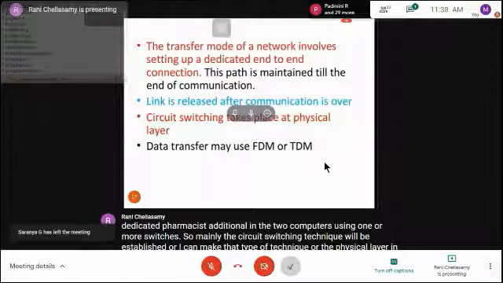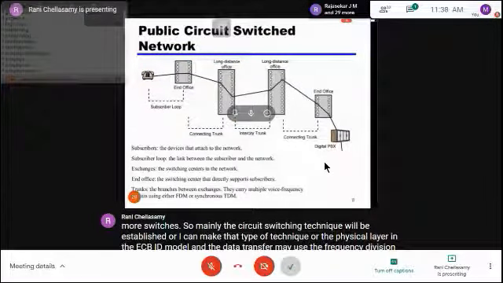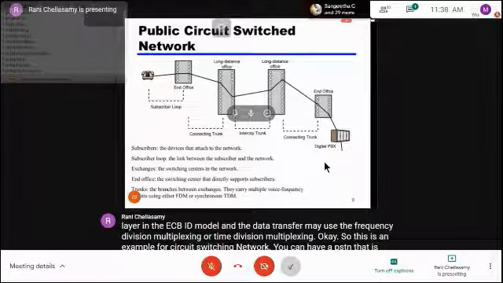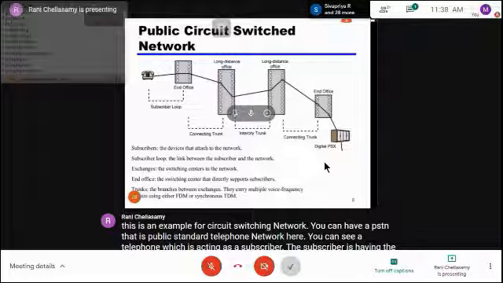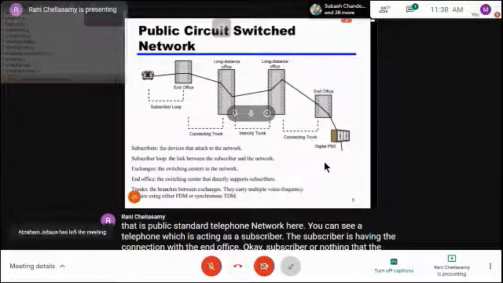Okay. So this is an example of a circuit switching network: the PSTN, the public switched telephone network. Here you can see a telephone acting as a subscriber. The subscriber, nothing but the device that attaches to the network, has a connection with the end office. The link between the subscriber and the network is called a subscriber loop.